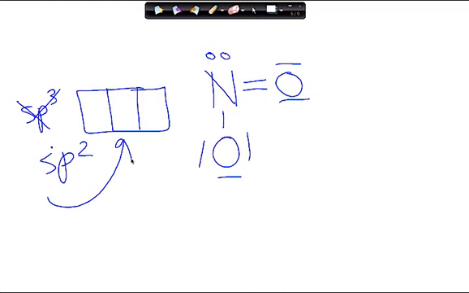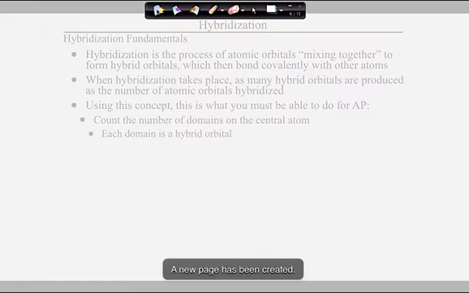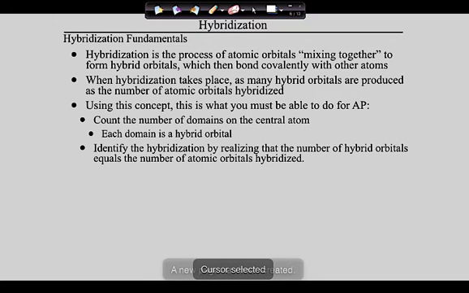But guys, this is functionally all that you've got to be able to do to nail this on the AP test. All you've got to do is count domains, understand that domains are hybrid orbitals, and then figure out how those hybrid orbitals were formed. I'm not doing questions yet. So it goes like this, guys. Just write this down.